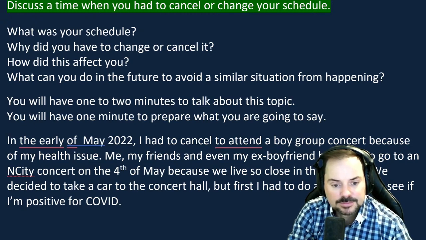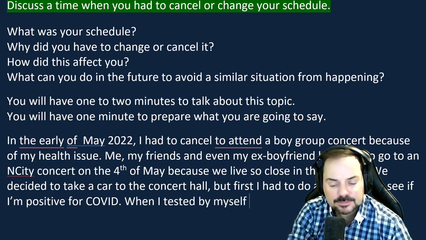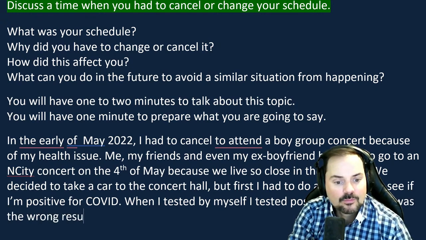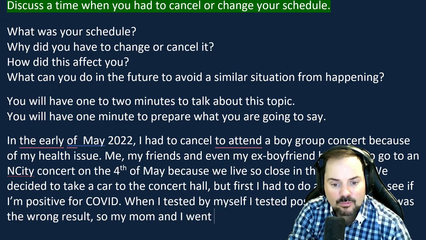So me and my mom went to the hospital to get the proven result, and unfortunately I got the same result on the swab test.